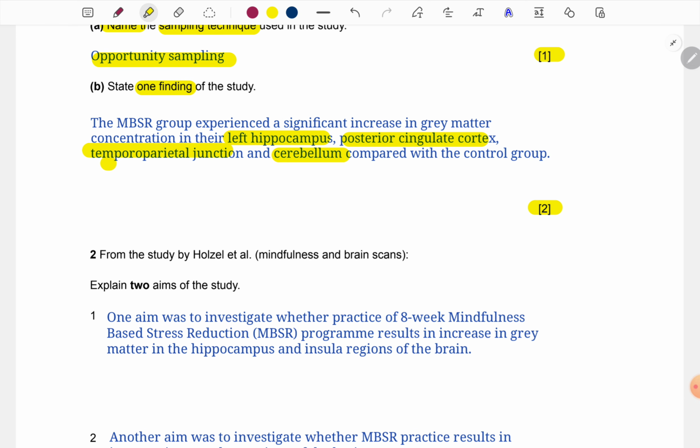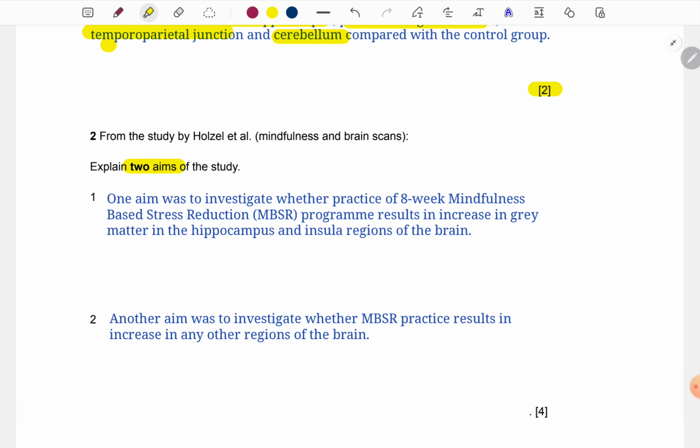Okay, another descriptive question, AO1 type, which can come from this study is: explain 2 aims of this study. One aim, which is the most obvious one, is again to look for grey matter increase in the brain. Like I just mentioned in the previous answer, you do need to write which areas they were looking out for an increase in.